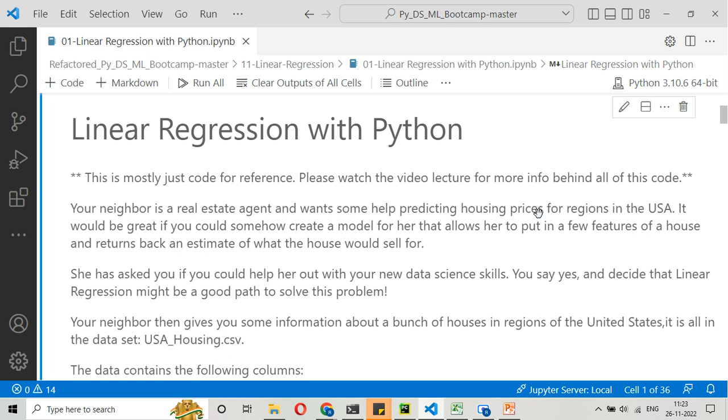So guess what features you will get for predicting house price. Since it's USA, the square feet, which side it is located, and whether it is nearby a highway. Yes, correct.